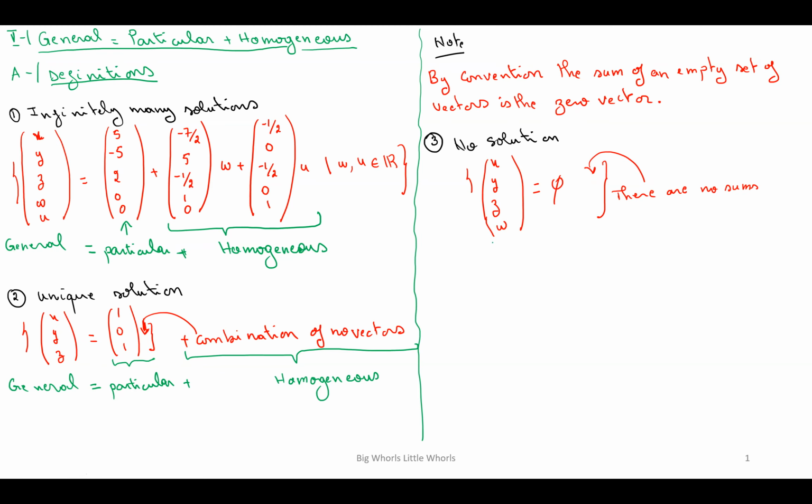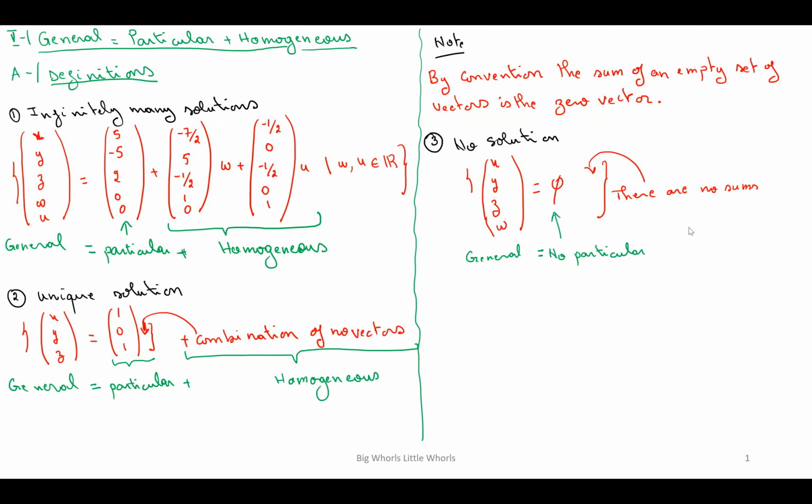So here we have the general solution equals the empty set. And so that means we have no particular sum, and we have the linear combination of no particular.